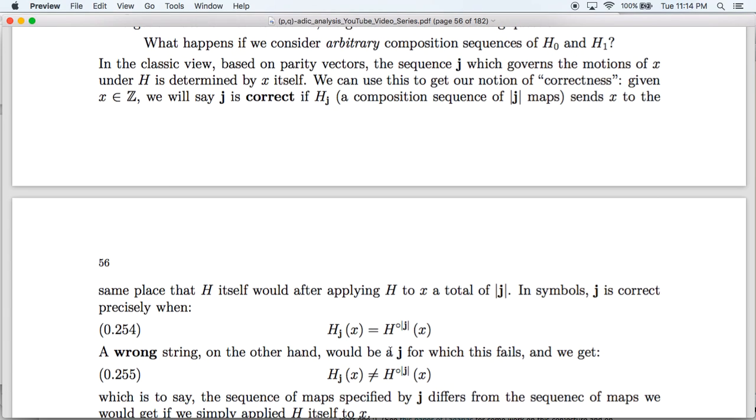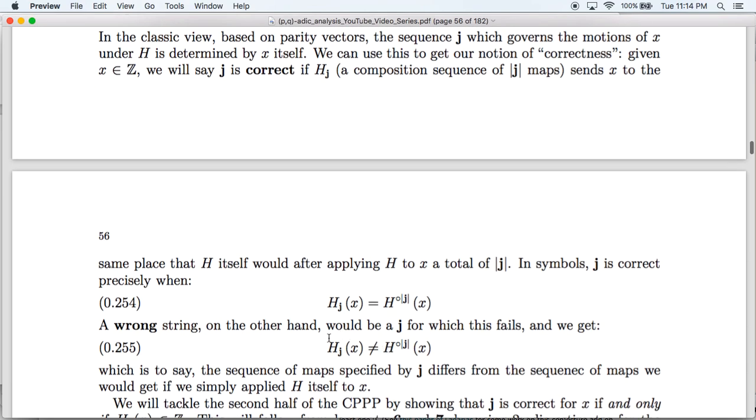A wrong string, on the other hand, would be a j for which these two points are different. The one thing to note is that for any given x and any given length L, there is a single unique string j which makes this true, and all other strings are going to be wrong.